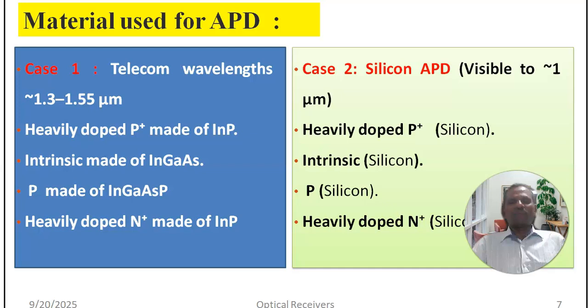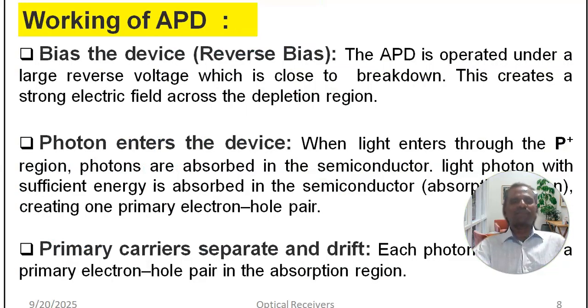Here the P plus region is silicon, then the intrinsic region is pure silicon, then the P region is also silicon, then the heavily doped N plus region is also silicon. Here all the materials in case 2 will be silicon.